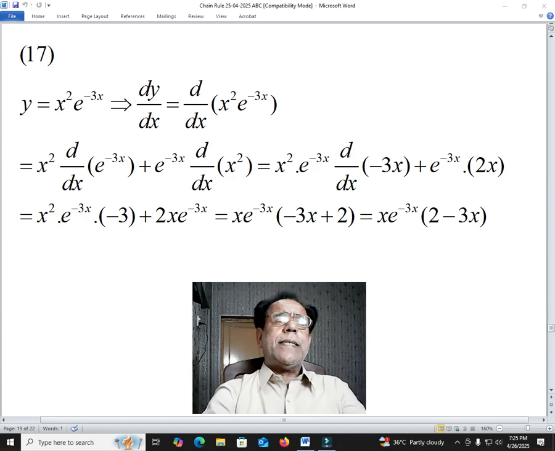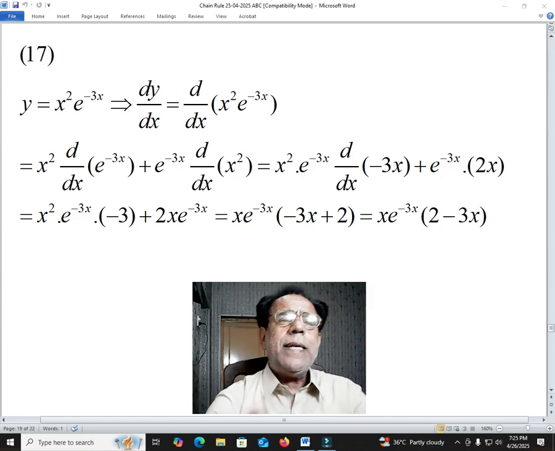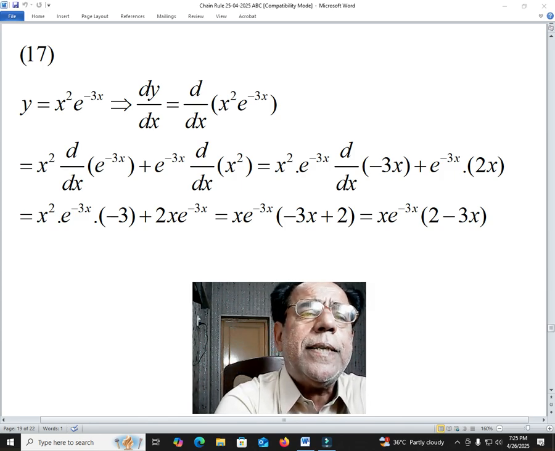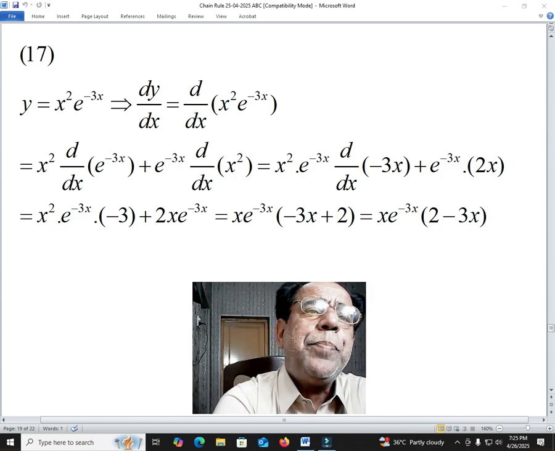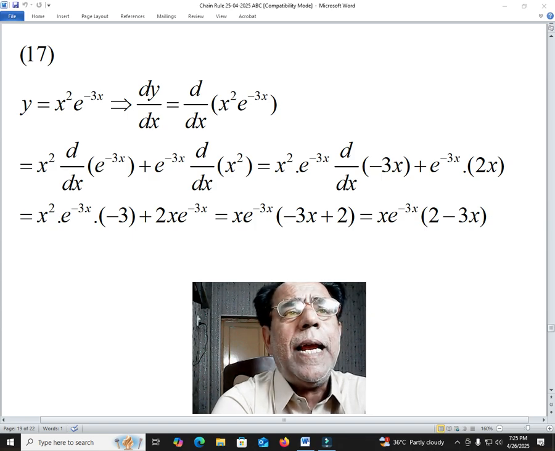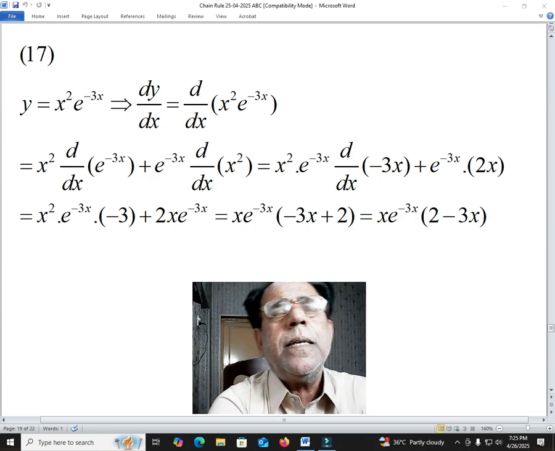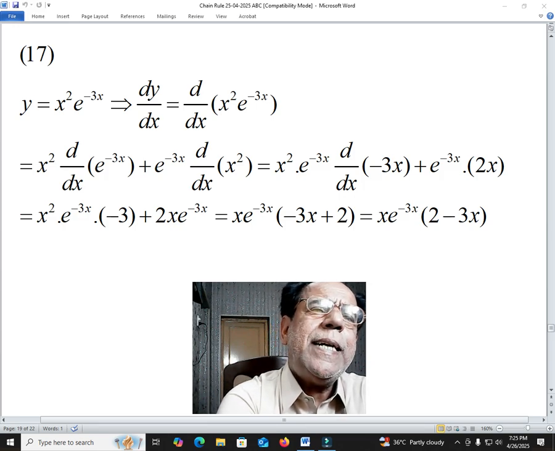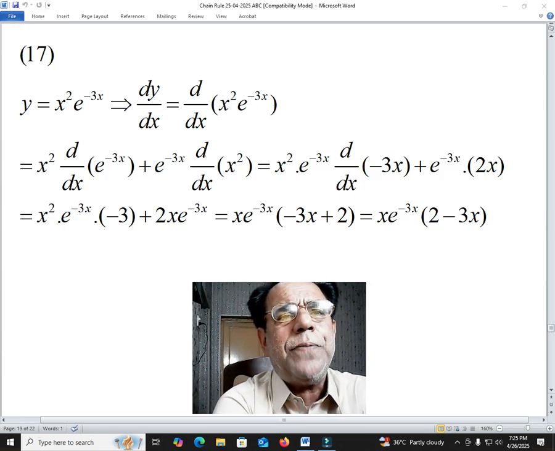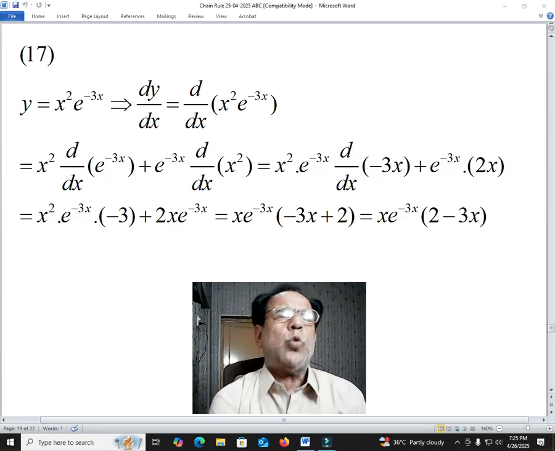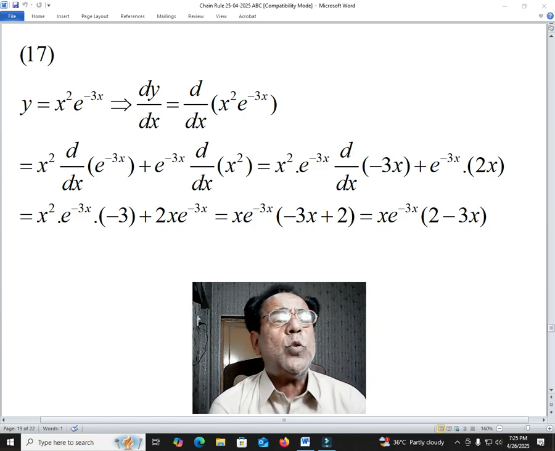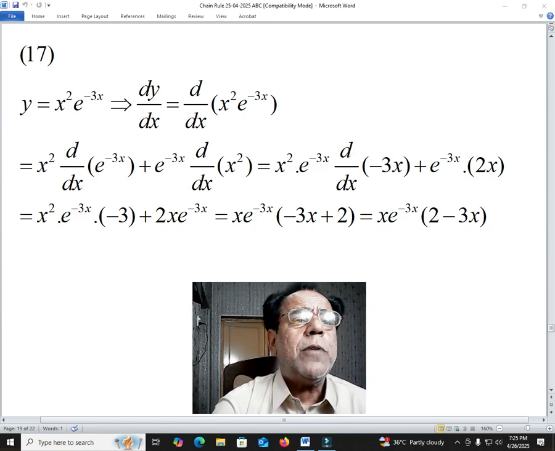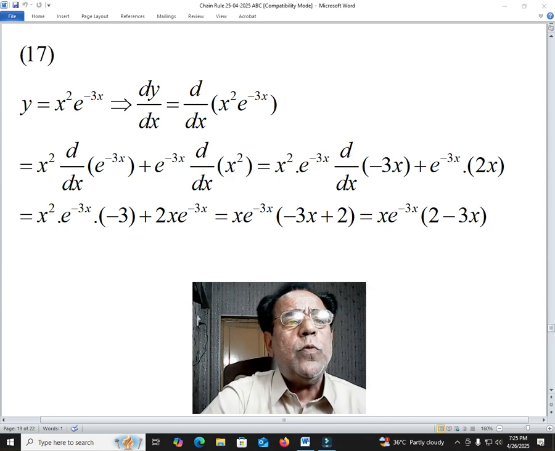Its differentiation will be taken in such a way that one time we will take the first function and then differentiate the second function, and plus vice versa. That is, we will differentiate the first function and keep the second function as it is. Okay, so x square into d over dx e raised to the power minus 3x plus e raised to the power minus 3x into d over dx x square.